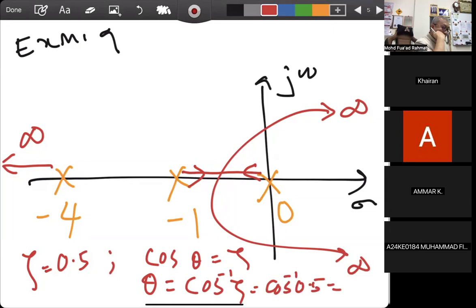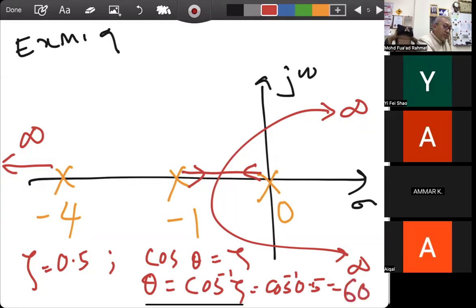Inverse cos 0.5, 60. 60 what? 60 degrees.